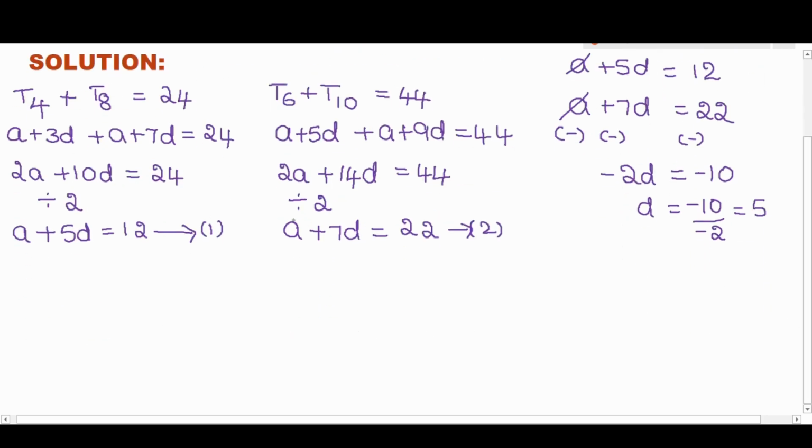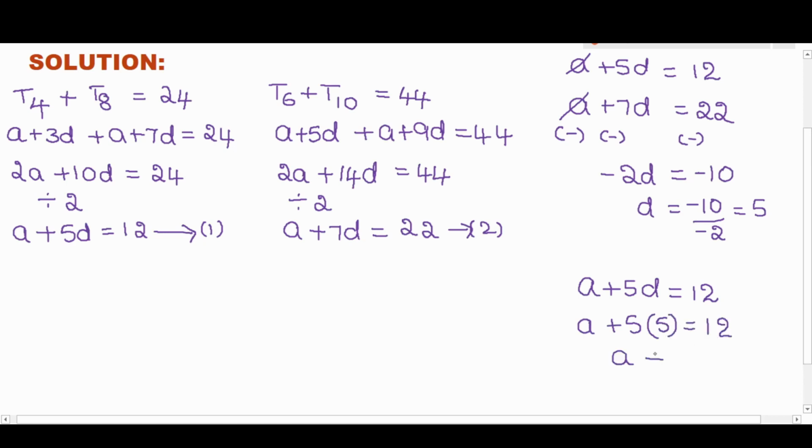Now let's find a value. To find a value, we already know we should substitute d value in either of the equations. I choose the first equation. a plus 5d is equal to 12. So a, let it be a. 5 into d value, which is 5 again, is equal to 12.